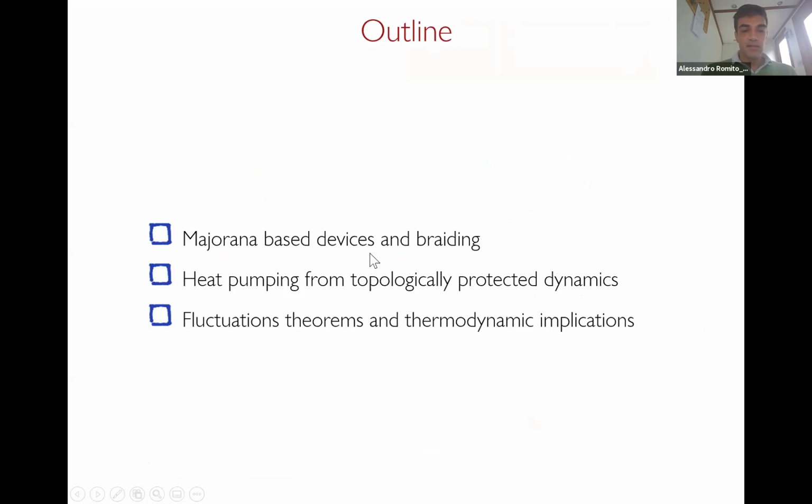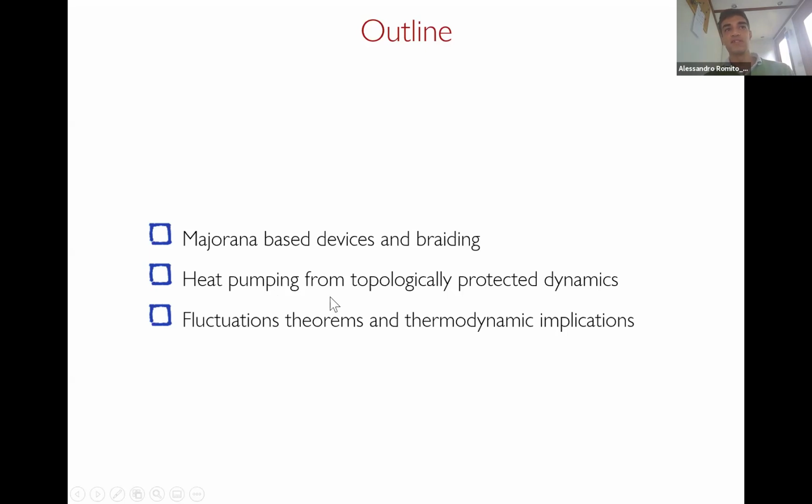The three main points I would like to cover in this talk are essentially to give an overview of the physics of the Majorana, which we already heard about, so I can probably be very quick on that. But I would like to focus on the dynamics of this system, namely on the exchange and braiding of these topological excitations.